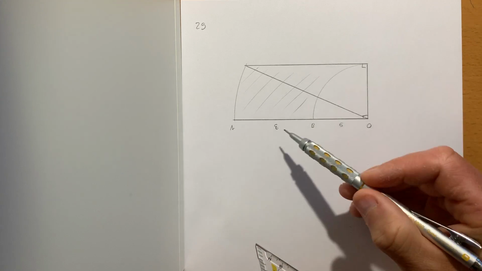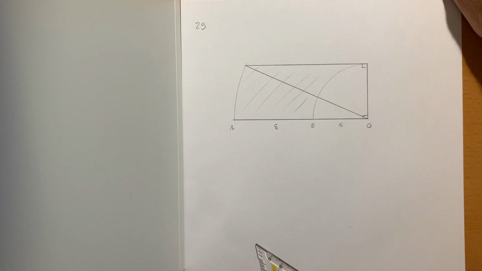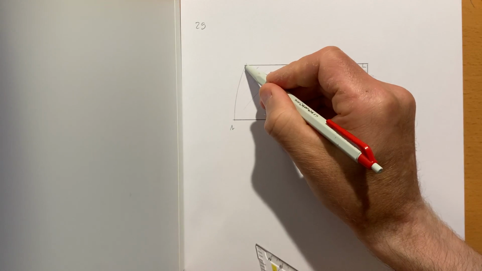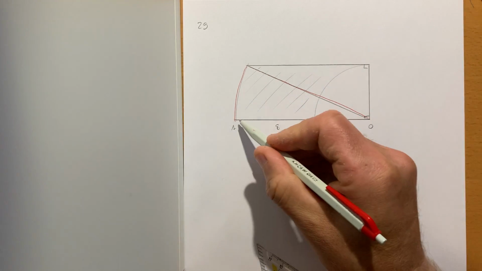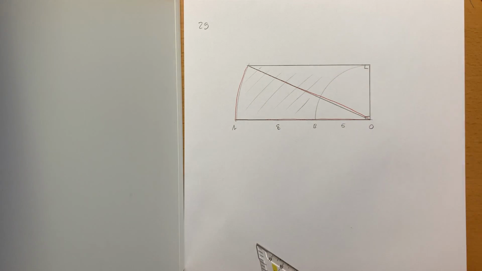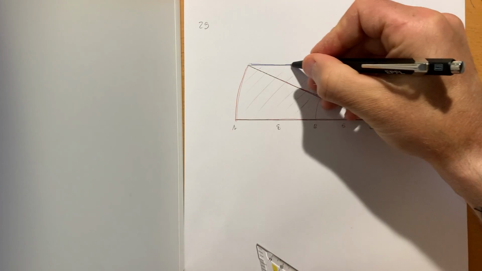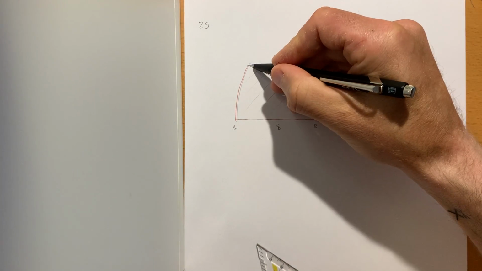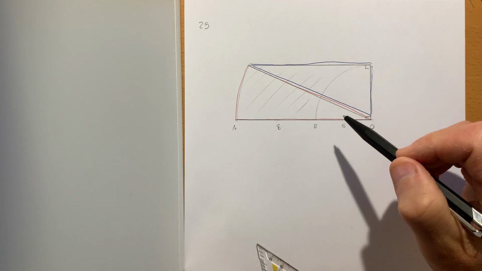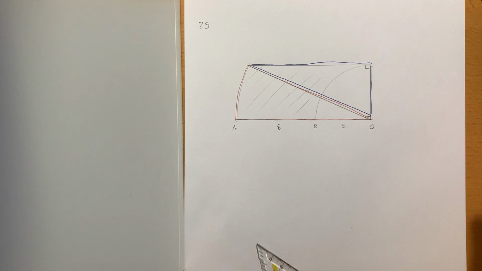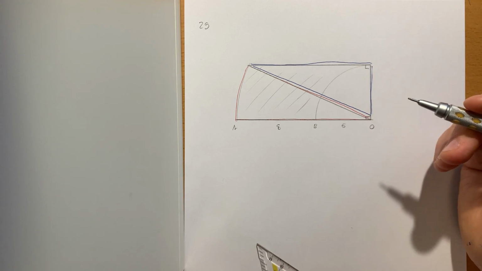So if you worked out the area of this sector, let's highlight that in red here, plus the area of this right-angled triangle, you would have worked out the whole area. Then you subtract this quarter of a circle, and that would be what you want.